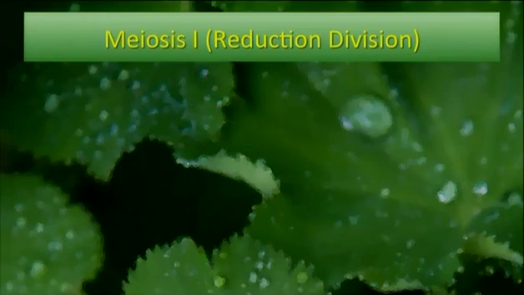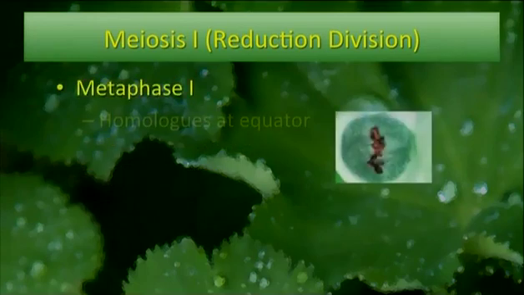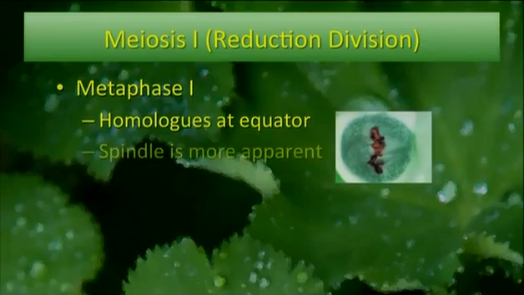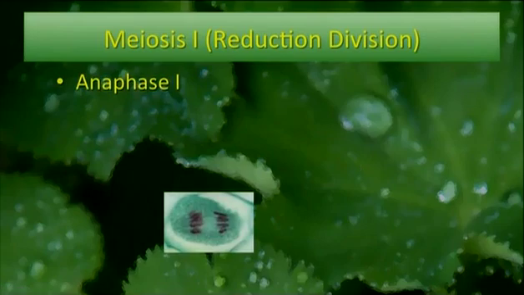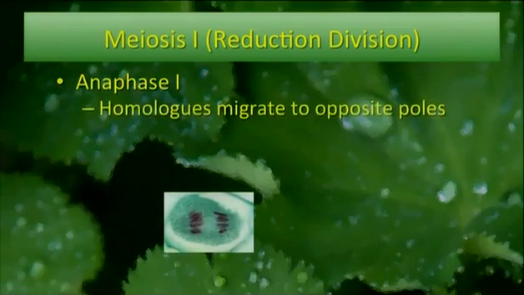In metaphase 1, the homologs are aligned at the equator of the cell, and the spindle becomes more apparent. You can see that a little here, the spindle, in this photograph. In anaphase 1, the homologs migrate to opposite poles, as you see here, with the spindle fibers pulling them to opposite sides.